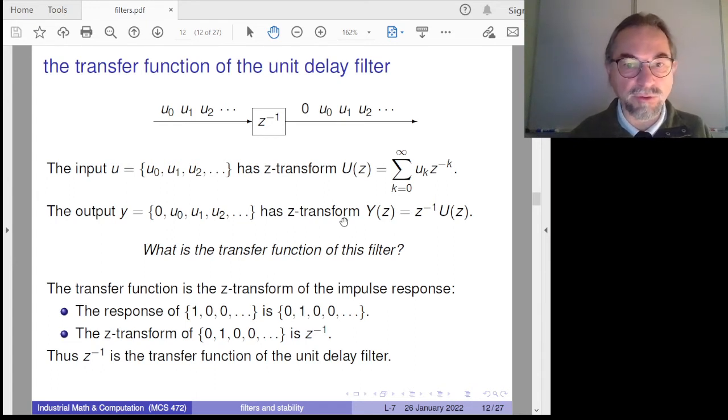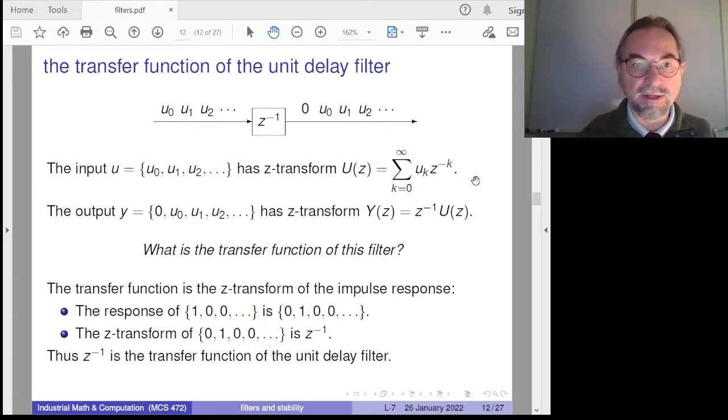Well, we look at the Laurent series. Here we have the Laurent series definition of the input. The Z transform of any sequence u is defined here. We see that there is only one coefficient different from 0 in the delayed unit impulse, and that occurs with the second one.